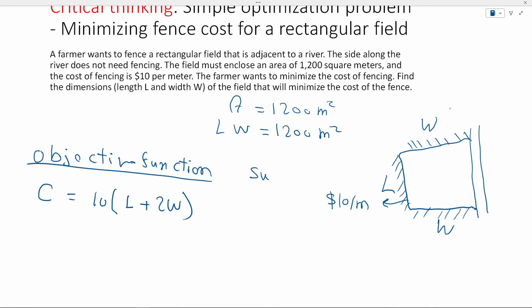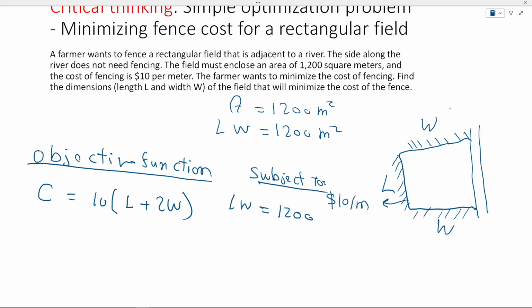This is subject to the constraint that I want my L and W to be equal to this area. So basically, what are the L and W that will give us the minimum C? C is a function of L and W. In all the previous problems that we solved, we only had one independent variable, like x, not two of them. Here we have two of them.